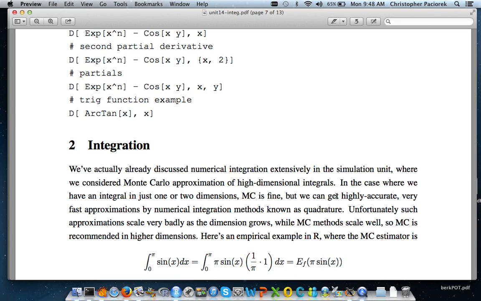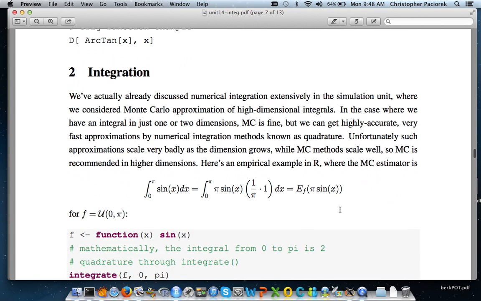But as you get to higher and higher dimensions, and in this case high dimensions doesn't mean all that big, like 3 or 4 or 5 or 6, then quadrature is really not a good approach because it doesn't scale well with dimension, as we'll see in a little bit. In that case, doing a Monte Carlo estimate of an integral is a better strategy. That's the basic story here and the main thing that I want you to take away from this.